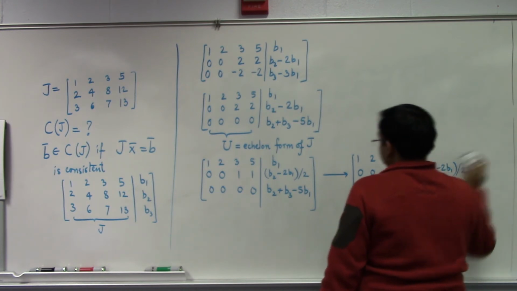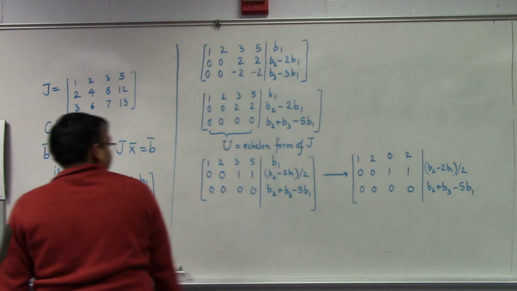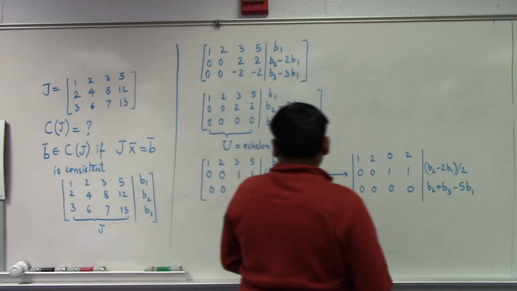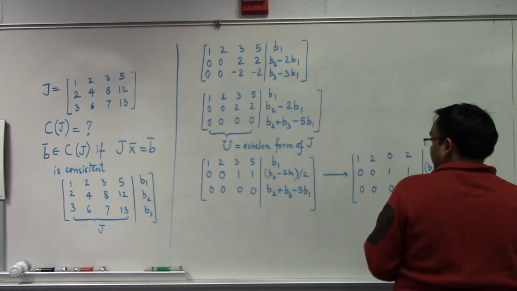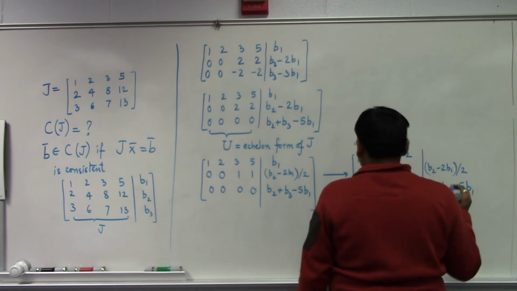Let me redo this, not making a mistake. So it will be minus 3b2. It's 3b2 over 2.